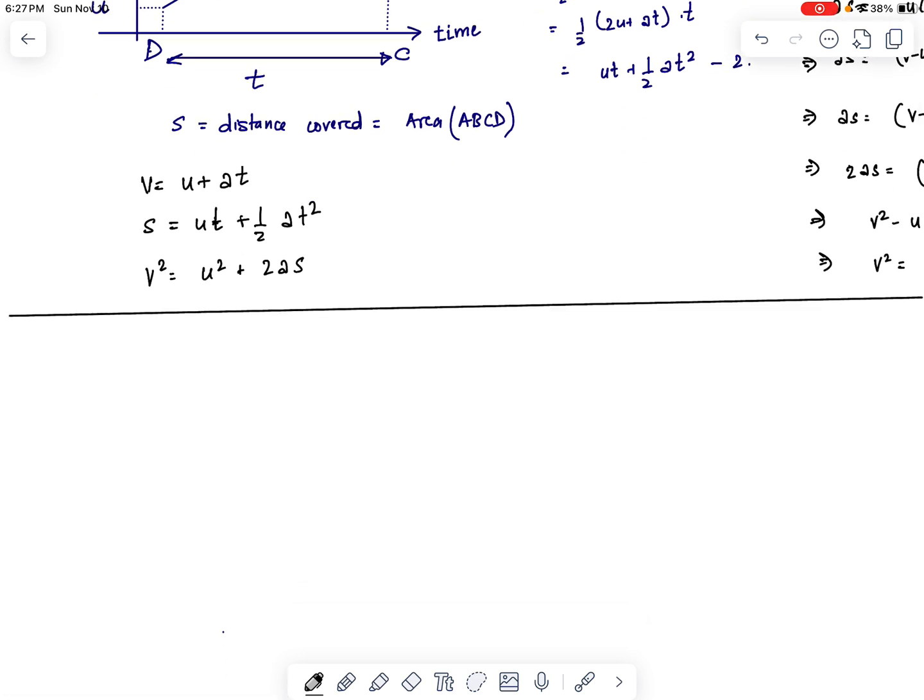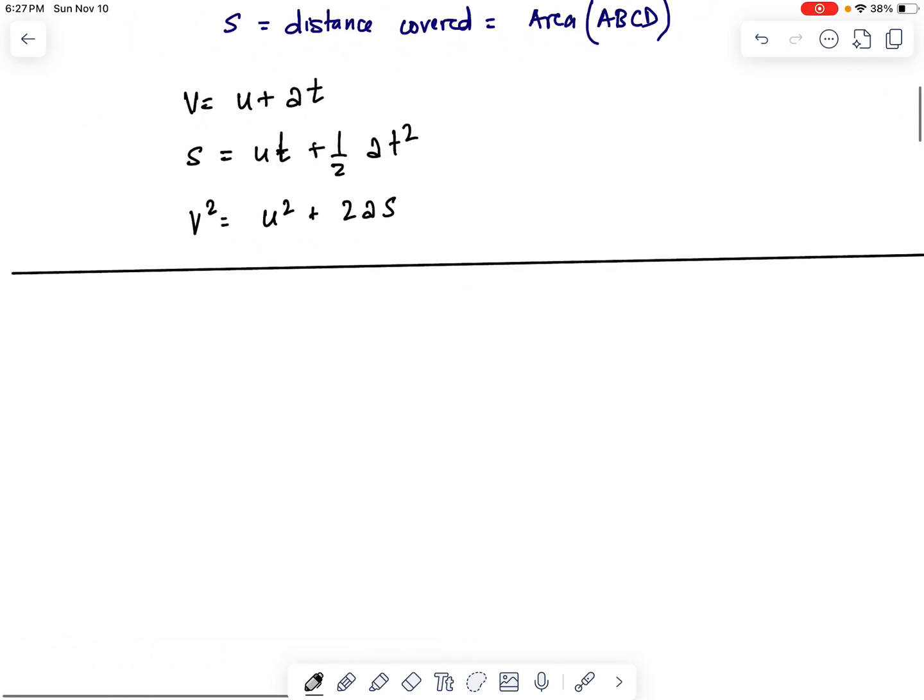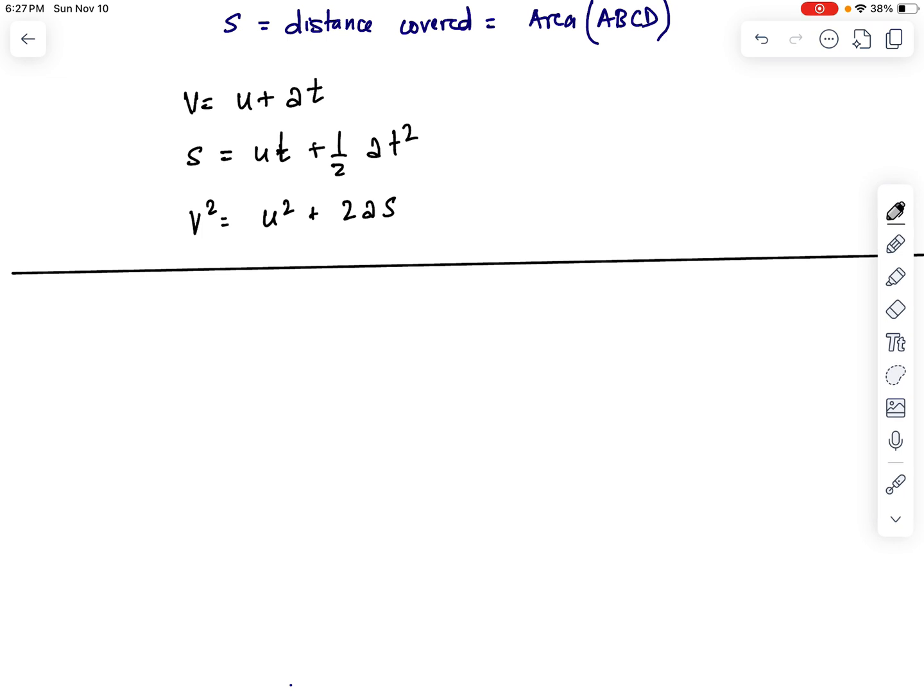Let me push this out of the way. We know that dx/dt is v, because that's the definition of velocity, and d²x/dt² is the acceleration.